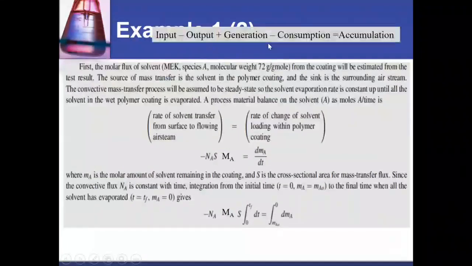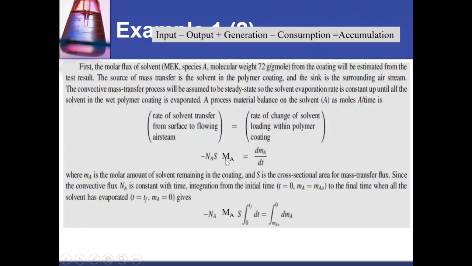So this is the balance, minus output equals accumulation, and this is in mass, so this should also be in mass. So NA, the convective flux leaving the coating, times the surface area perpendicular to the mass transfer, times the molecular weight of A. As you know, the flux is mole per meter squared per time. You multiply by surface area, it will be mole per time, and you have to multiply by molecular weight to change it into mass per time.